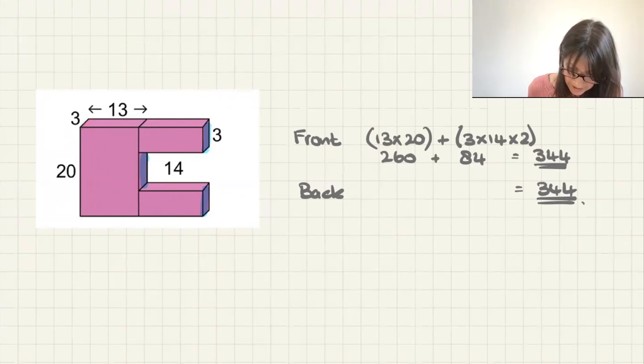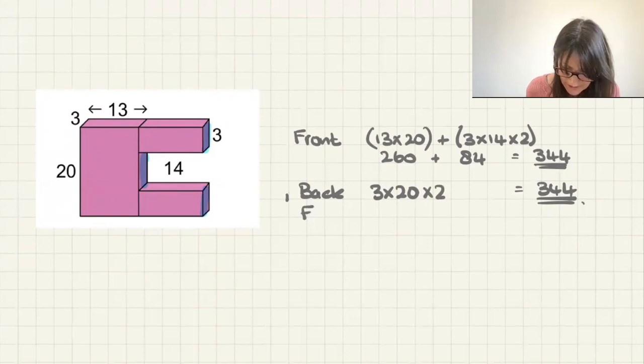So I've got 3 times 20, which of course I'm going to double because I want the front as well. Well, I'm calling them back because I'm thinking about it as a back wall now, but really they're the sides, aren't they? So I think I might relabel that so we don't get too confused. Okay, so the sides are going to give me a total of 60 times 2, 120.